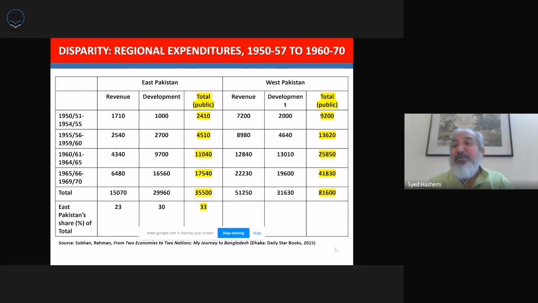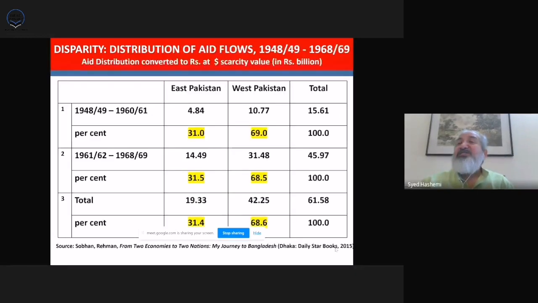So the government was spending only 33% of its money in East Pakistan and 67% in West Pakistan.